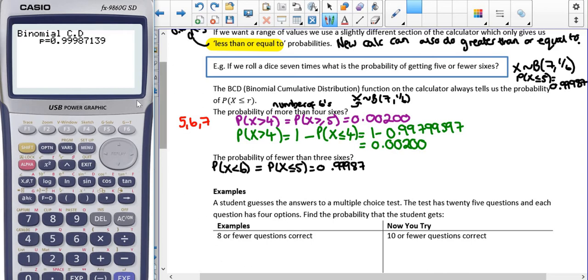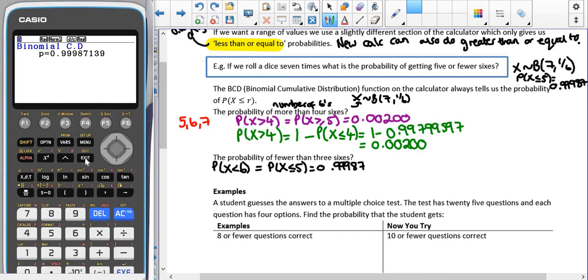So it's just worth bearing in mind that between the two calculators, you need to know which kind of calculator you have. If you're unsure if your model is new enough to have the lower and upper, just go into the BCD function and have a check. If you have the x, not lower and upper, remember that your calculator only does less than or equal to.